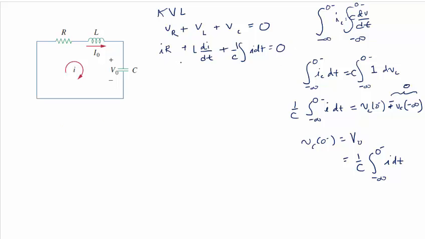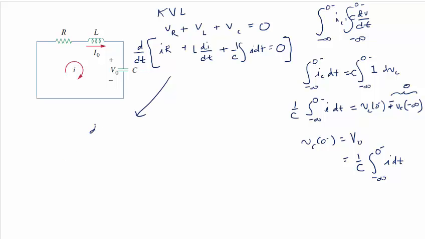No reason why I can't say d/dt of everything here. And when I do that, I'm also going to divide everything by L just to clean this up a little bit.